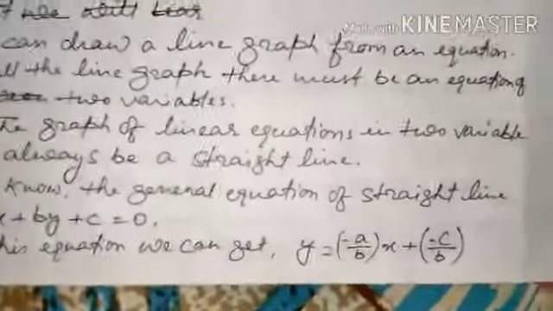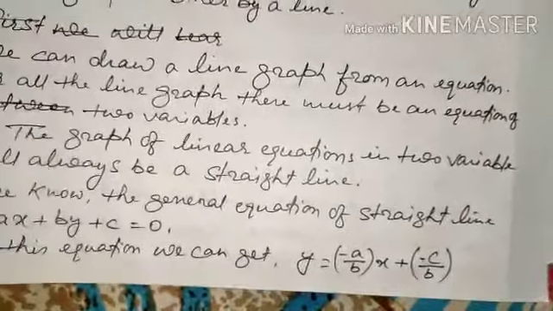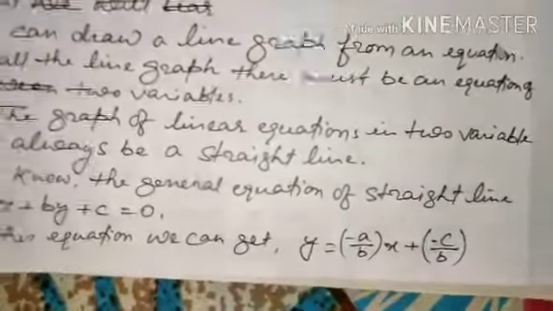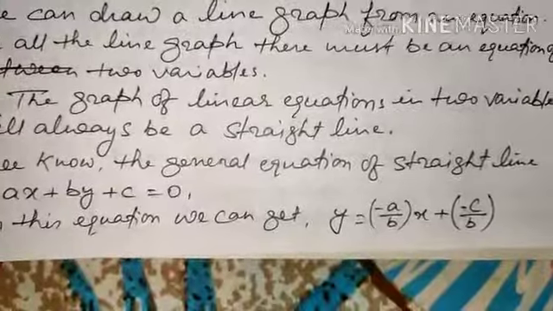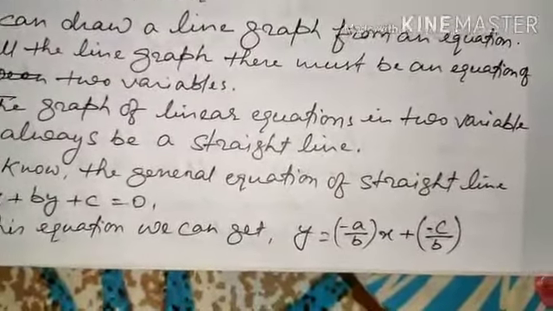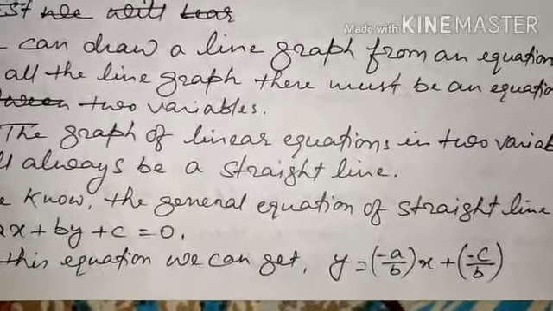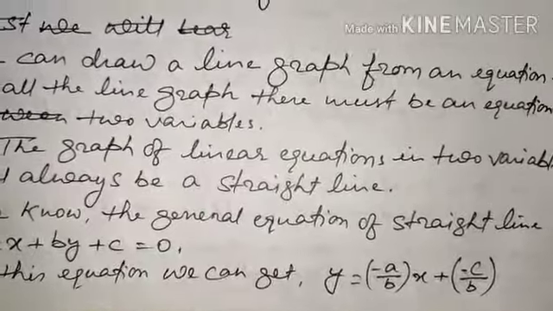I did this to show that from the general form we can get one of the very important equations of a straight line, that is the slope intercept form. Since I have to introduce the idea of the slope with you, that's why I did this.